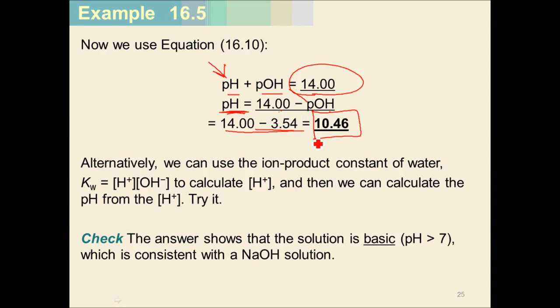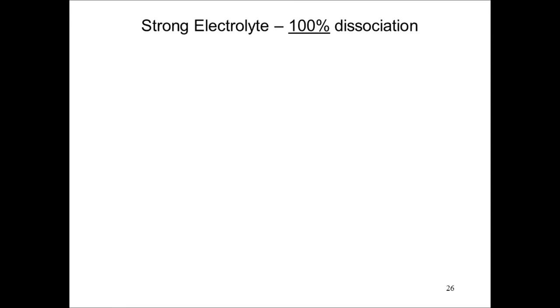Alternatively, we could use the ion product constant of water, Kw, which is the hydrogen ion concentration times the hydroxide ion concentration, to calculate the hydrogen ion concentration, and then calculate the pH from that. You should get the same answer. Some people don't like to do that because you're working with all those negative exponents. The bottom line is this answer shows the solution is basic, pH is greater than 7, which is consistent with a sodium hydroxide solution. Slide 26.